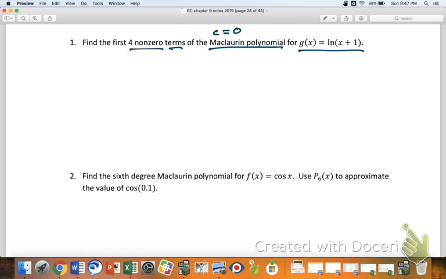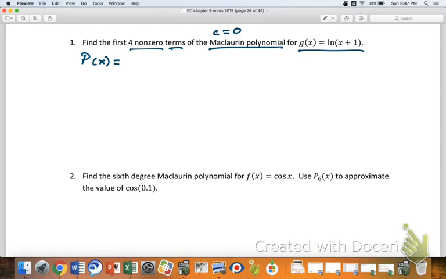I'm going to put p of x, standing for polynomial approximation in terms of x. My very first term is going to be g of 0.